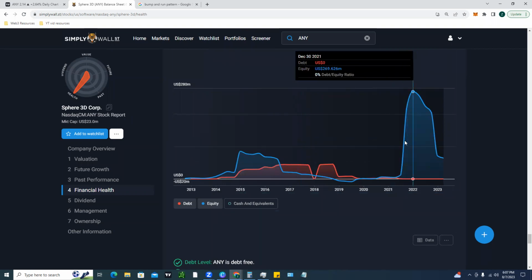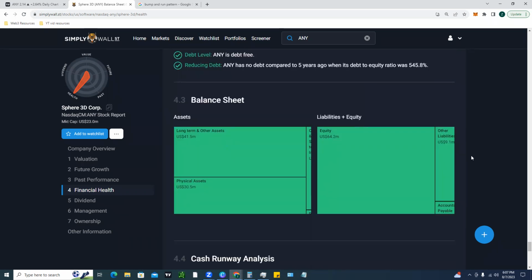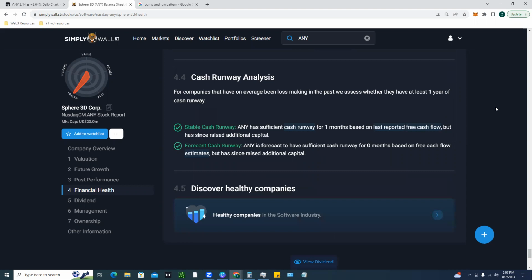You can see its debt to equity ratio right here. Simply Wall Street has really nice charts and graphs, just to visualize everything that you're looking at. They have sufficient cash runway for 1 month based on the last reported free cash flow, but has since raised additional capital, and it's forecast to have sufficient cash runway for, it says here, 0 months on free cash flow estimates, but has since raised additional capital.